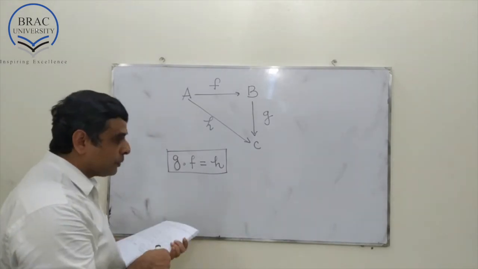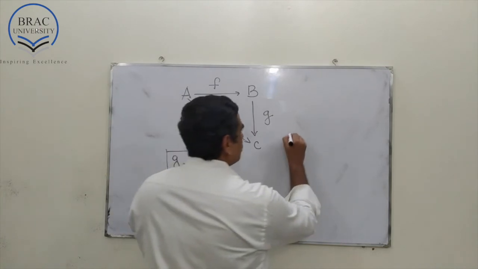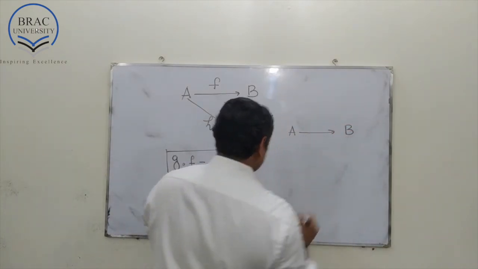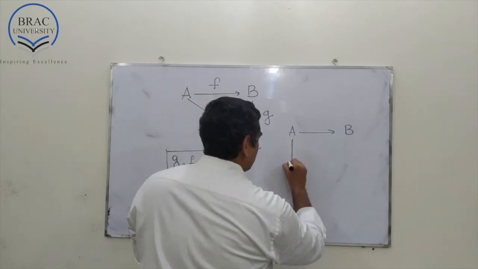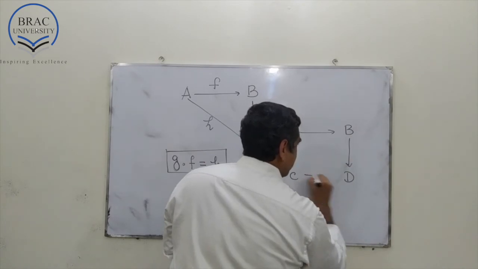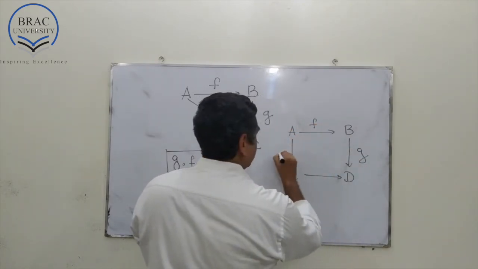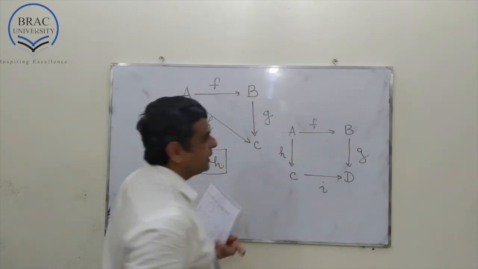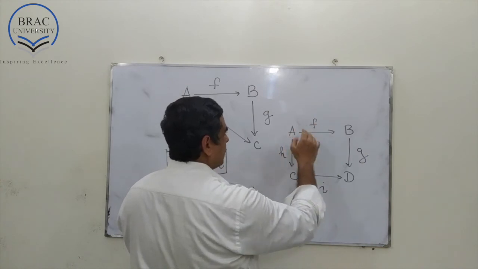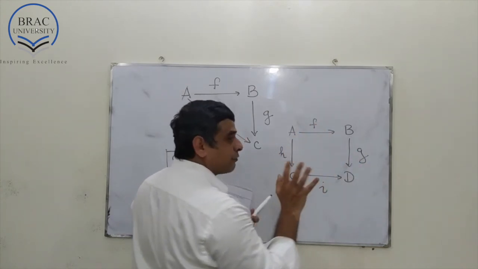Another example of a commutative diagram: we consider the following picture with 4 sets and 4 functions, F, G, H, and I. Each of these assignments, F, H, G, and I, are functions.